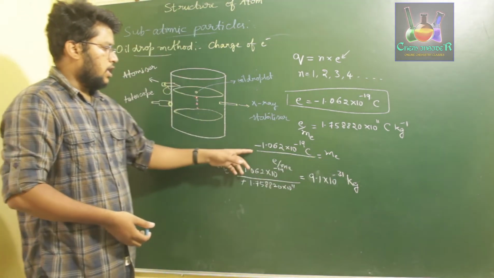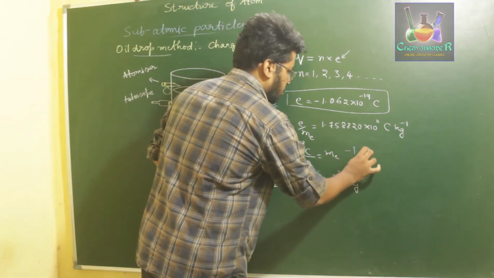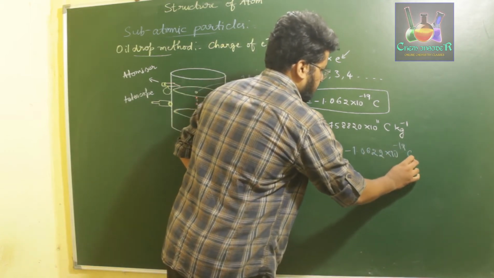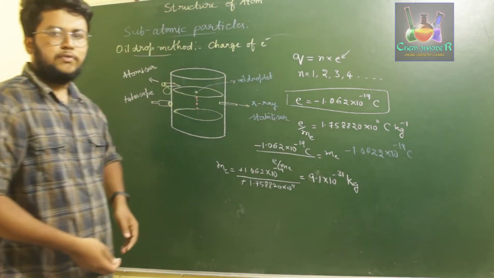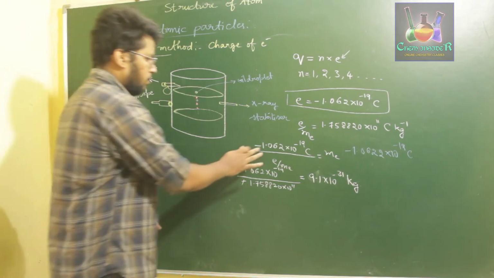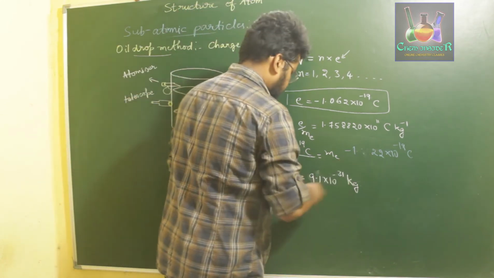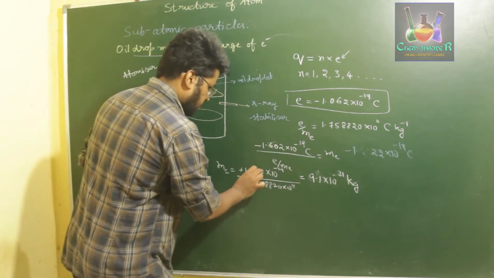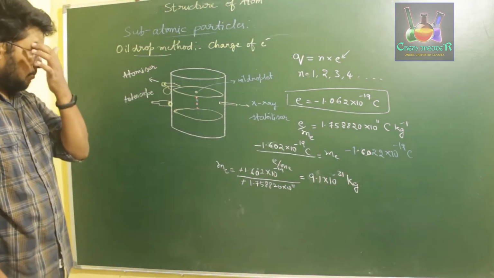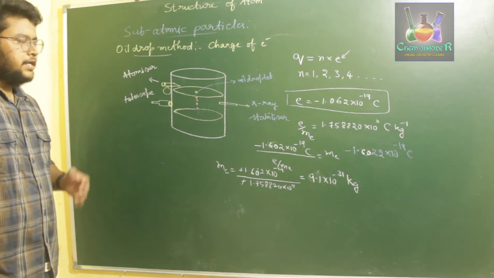And later the exact charge of the electron was considered as minus 1.602 into 10 power minus 19 coulombs. So this is about the complete discovery of the electron, its charge value and its mass value.